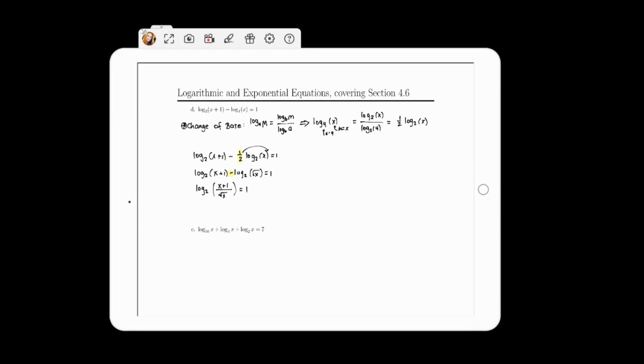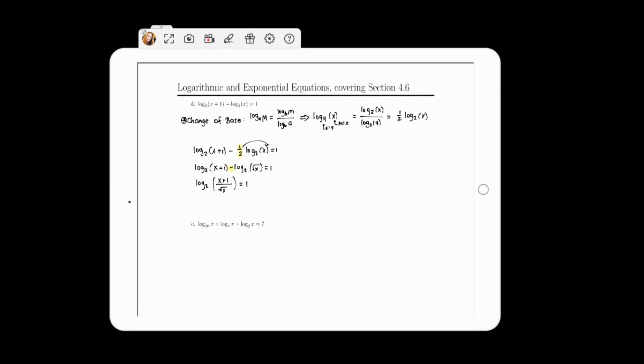When I want to get rid of the log, I still have to apply its inverse function, which is the exponential. So I'm going to take 2 to the power on both sides to cancel the log and get the x out from inside the parentheses. So what I'm going to have is (x plus 1) over root x equals 2 to the power 1, which is 2.